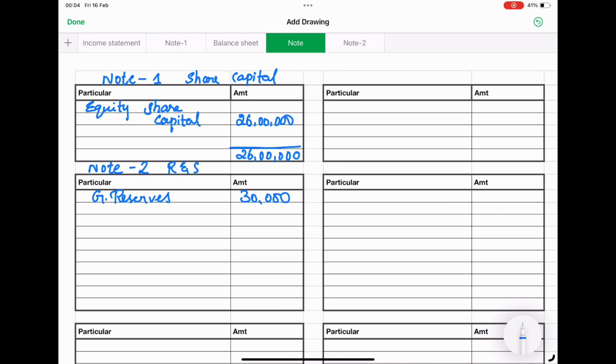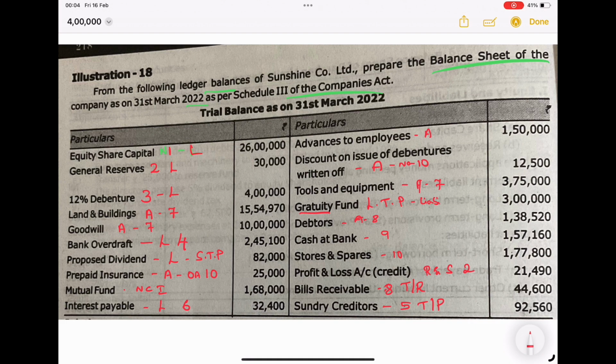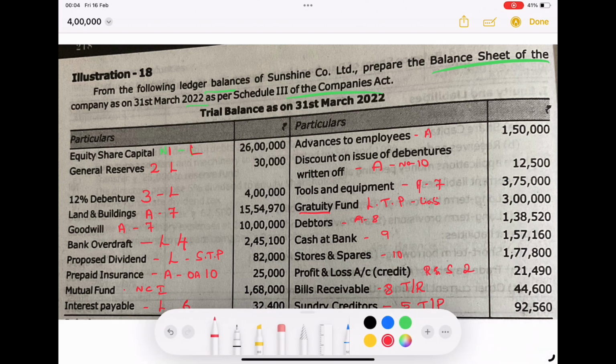And one more, see what I'll do here, I'll tick mark the things so that you can easily understand.